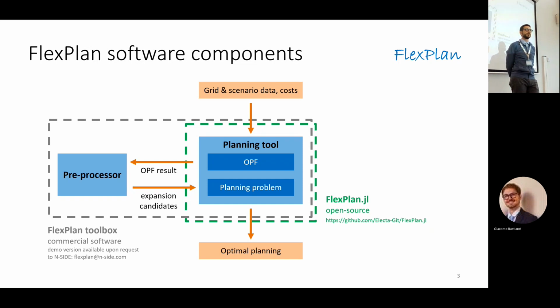Do you agree that investing in storage with respect to a new line can be more beneficial for additional services, such as synthetic inertia or primary and secondary frequency services?